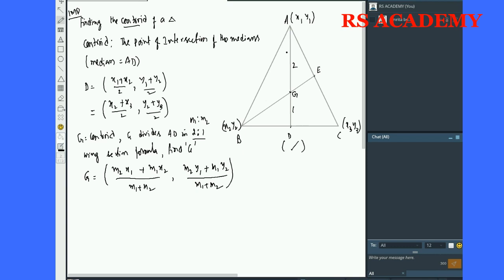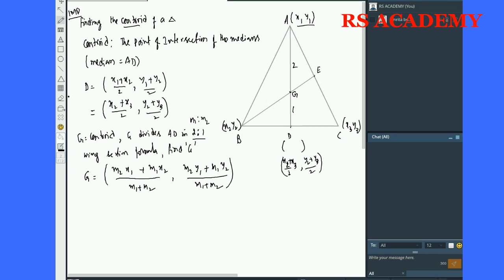Now what are the coordinates of A? A is x1, y1. Let me write the coordinates of the points here so that you will not get confused. What are the coordinates of D? x2 plus x3 by 2 and y2 plus y3 by 2.